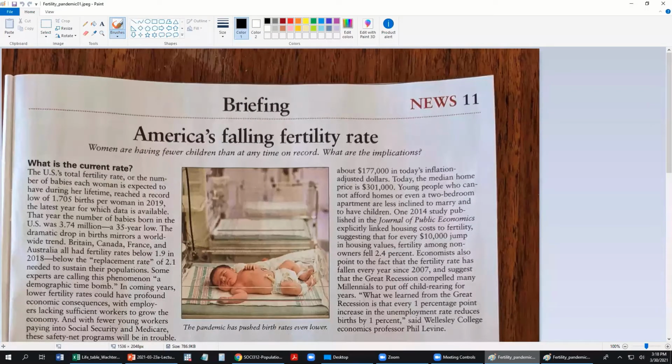But as I showed you, based on previous information from the proximate determinants of fertility, the fact that we now have an economic recession, a major economic change, decreases the chance of people getting married because they don't have a stable life right now, and might actually increase the chances of people getting divorced. That might have a negative effect on fertility rates, and that's what has already been shown by preliminary results.